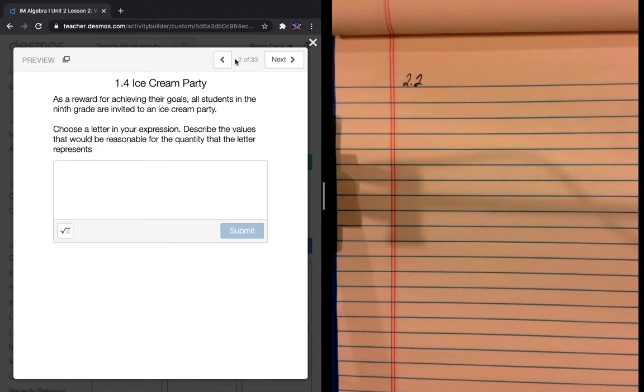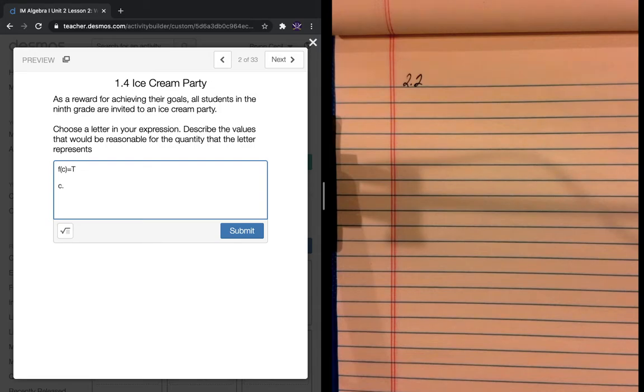So let's go back. We had F times C equals T. For us, let's pick C, the cost of that ice cream. What do you think you're going to pay for one ice cream? It could vary, right?